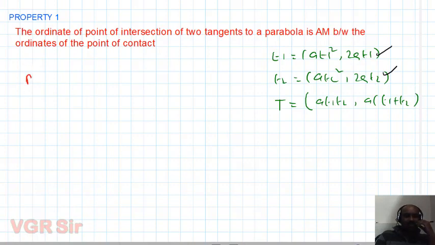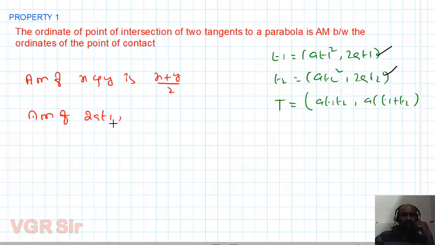AM, arithmetic mean, formula: AM of x and y is (x + y)/2. So the AM of 2at1 and 2at2 is (2at1 + 2at2)/2, which is the same as a(t1 + t2).